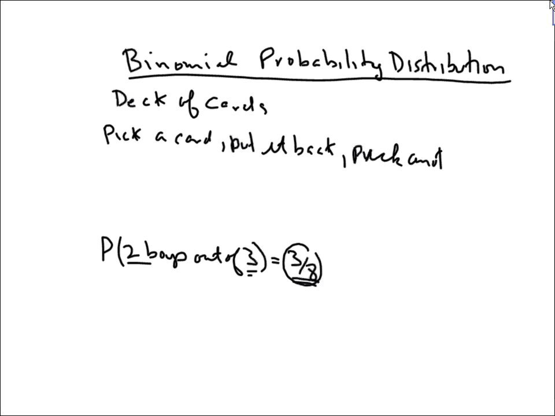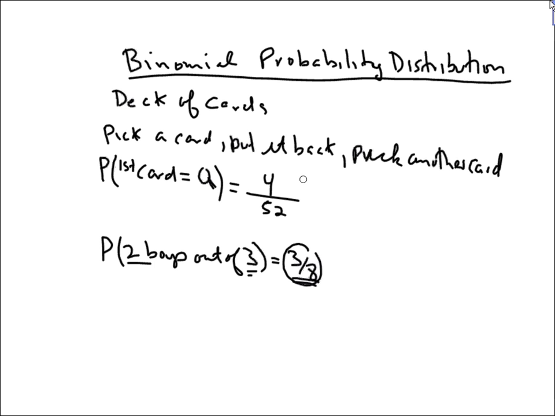Pick another card, and keep doing this a few times, 5 times. Pick a card, put it back, pick another card. Well, what's the probability that the first card is a queen? Well, there are 52 cards in the deck, and 4 of them are queens. Let's not worry about reducing them.